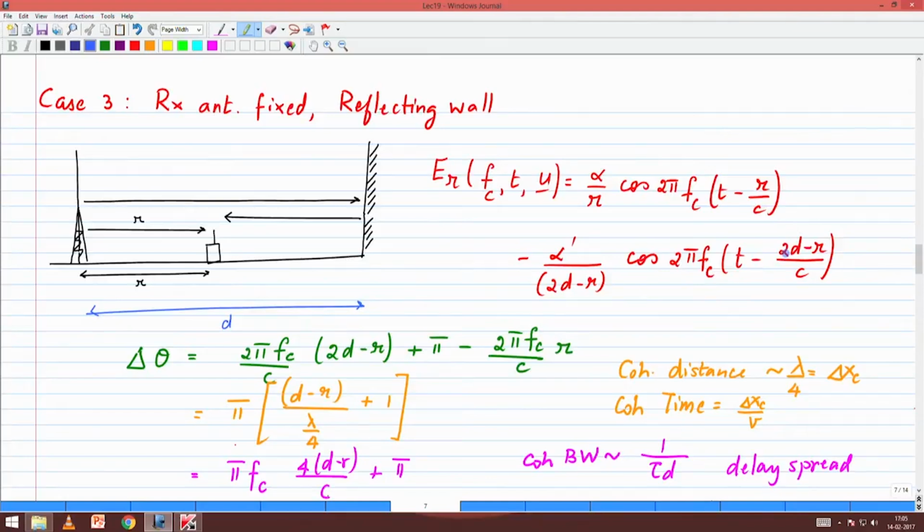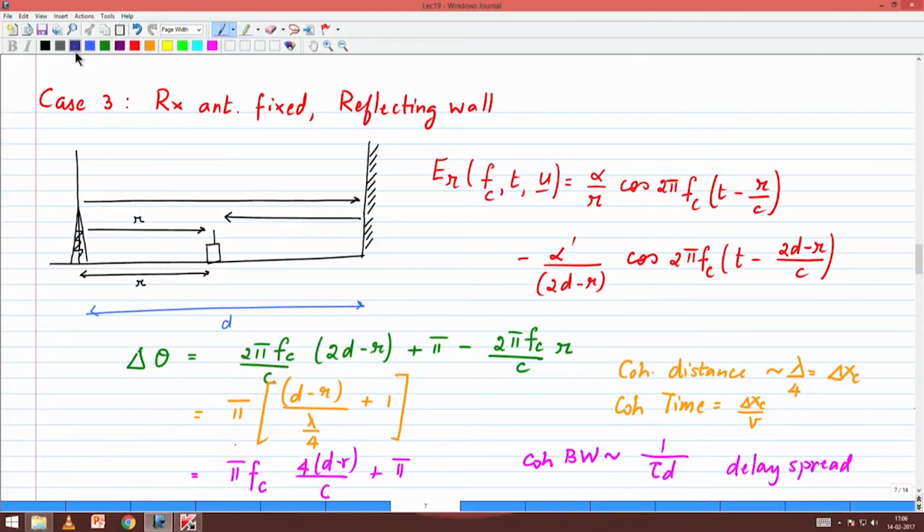Now we derived two equations from this based on the phase difference. So basically looking at the phase term of these two components, the phase difference gave us three insightful terms. One is if you interpret in terms of d minus r, that's the difference, because d minus r can also be related to 2d minus 2r.